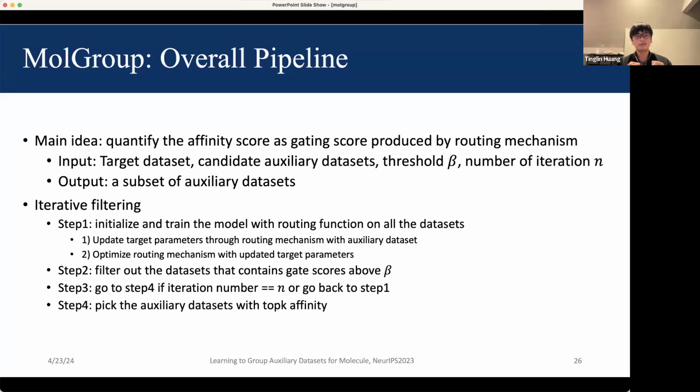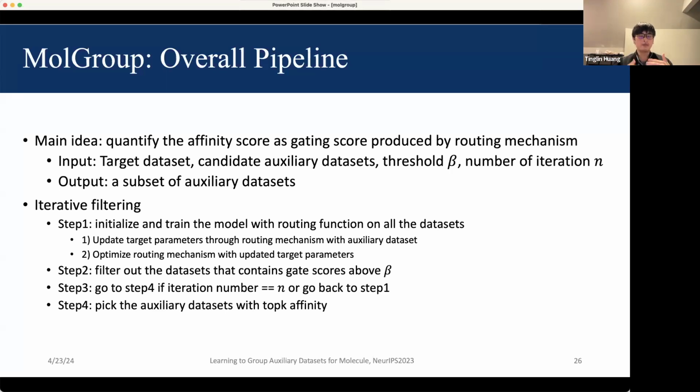In the first step, we initialize the model with the routing mechanism, and we train the model on all of these data sets. We update the routing mechanism with the proposed bi-level optimization framework, which means that we optimize the routing mechanism with the updated target parameters.